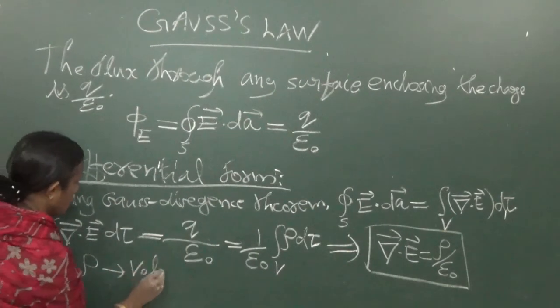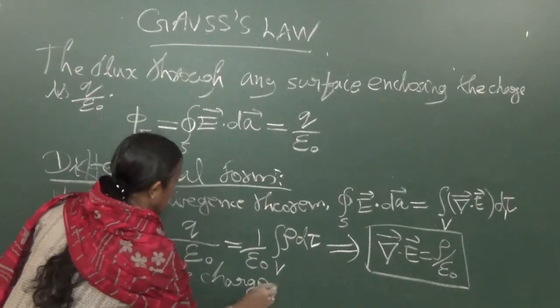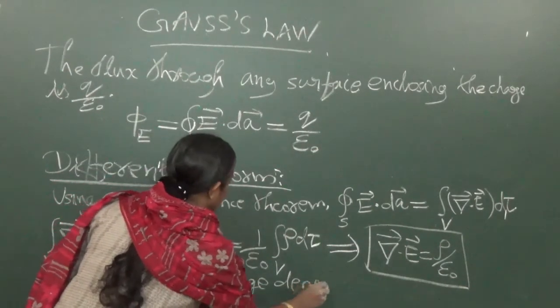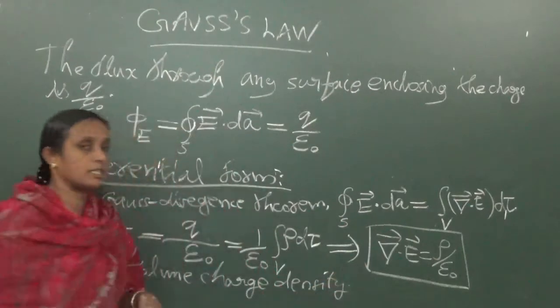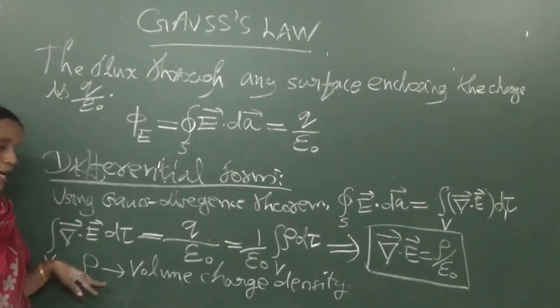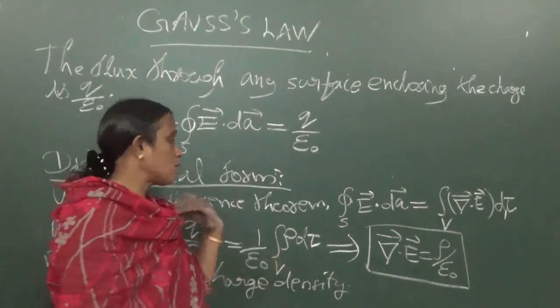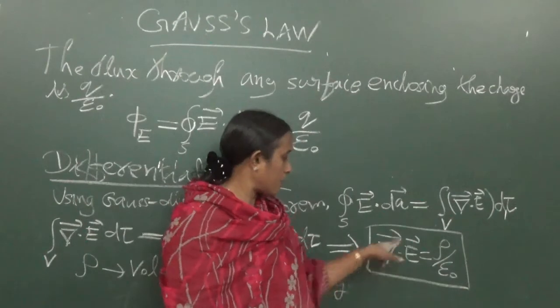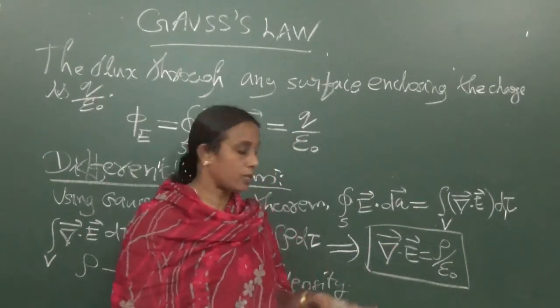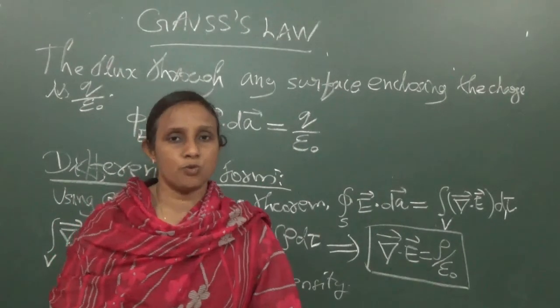Rho is called volume charge density. We learned about it in our previous classes, when we discussed continuous charge distributions. In terms of rho, Gauss law can be written like this: del dot E equal to rho by epsilon 0.